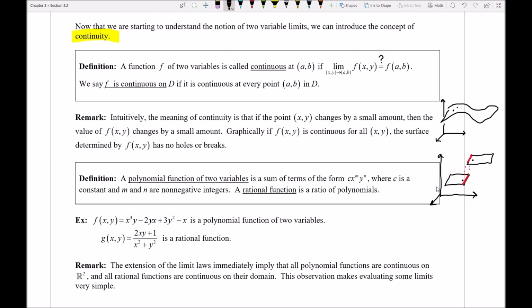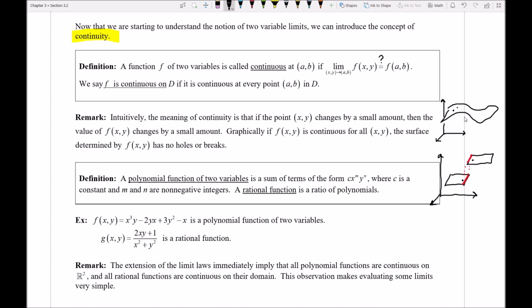So a function like the bottom one here is not continuous, whereas the function up top is continuous. Functions that aren't continuous in two variables are going to have things like holes, breaks, jumps like this, things like vertical asymptotes, things that end up not being connected in some sort of way.